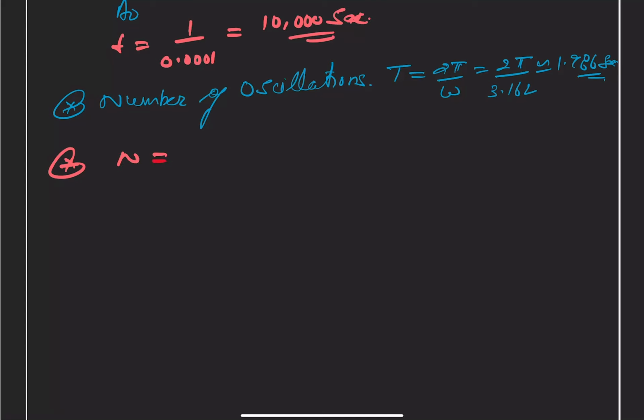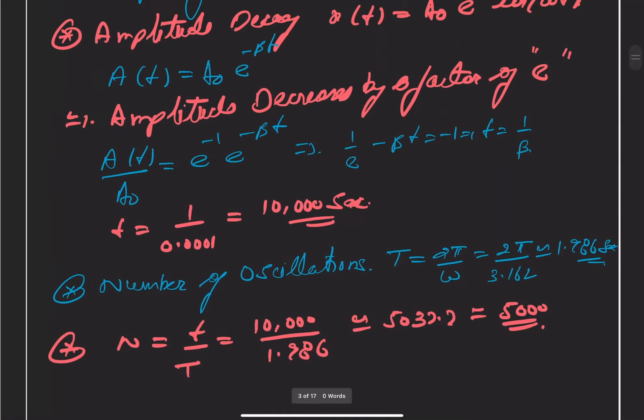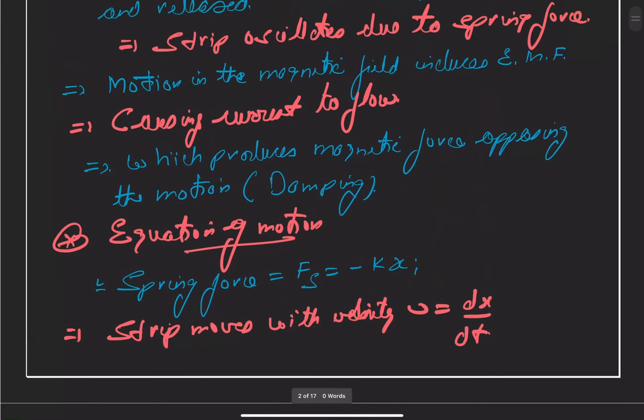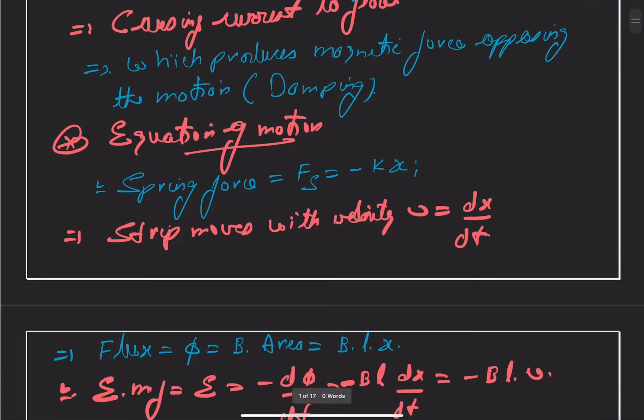So you can say value of n is equal to small t divided by capital T. So this becomes 10,000 divided by 1.986, and this comes approximately equal to 5,037, and we can approximate equal to as 5,000. So the option that is close to this value is 5,000. So we can say option number C is the correct one.